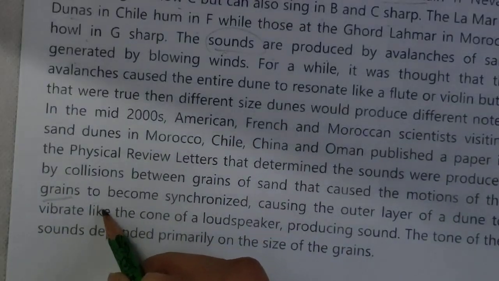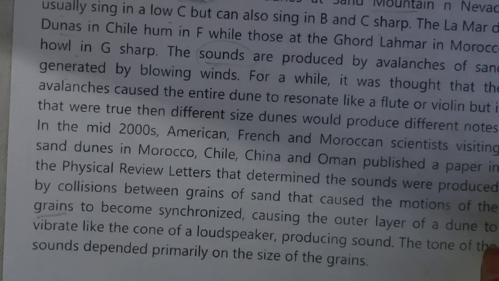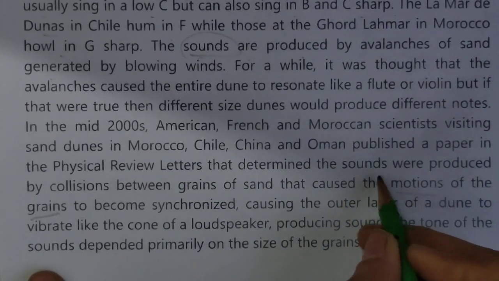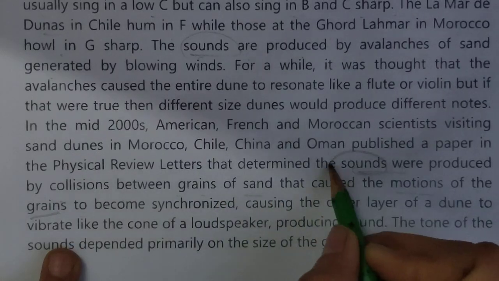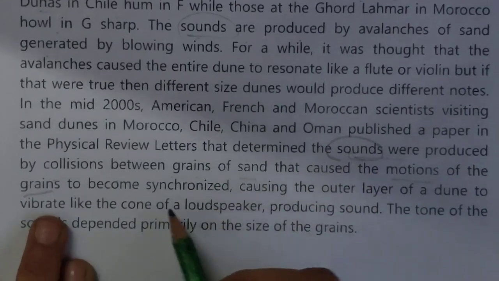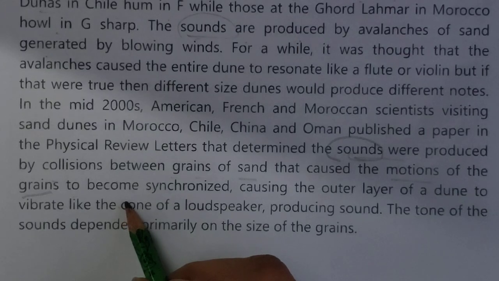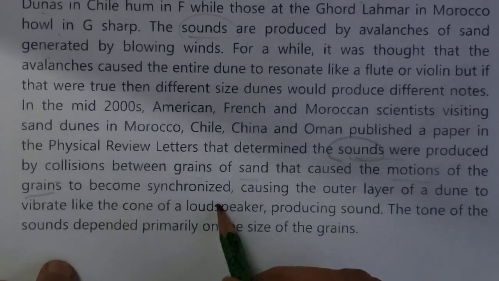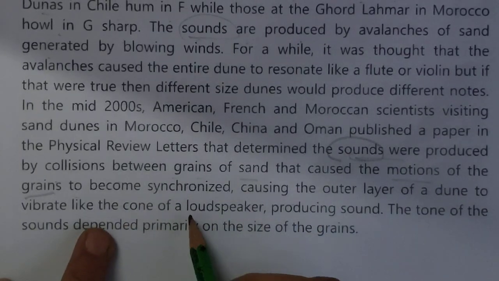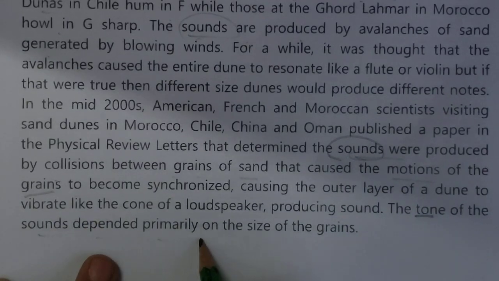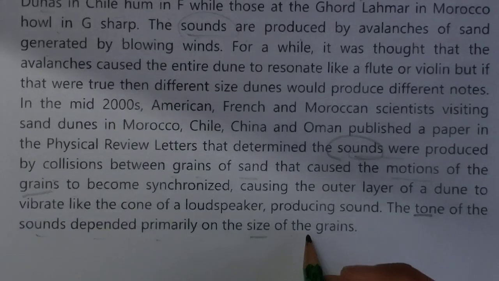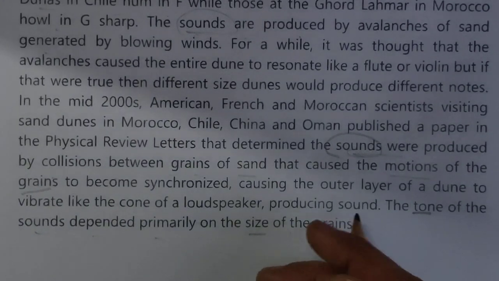Grains to cause the motion, sounds were produced by collision between grains of sand. Sounds will come in 39th. And for the 40th question they have asked, grains create different sounds. The tone of sounds depended primarily on the size of grains. So I will show you the question again.